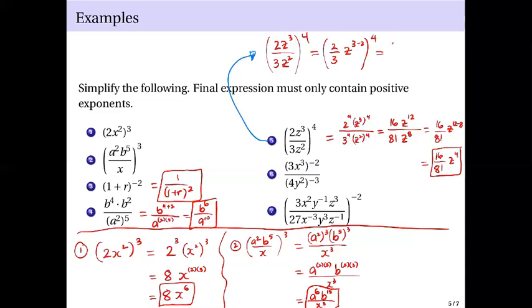So we have 2 over 3 quantity and then z raised to 3 minus 2, that's just power 1. If you want, you can put this power 1 here, but most of the time, if the exponent is equal to 1, we don't put anything. Okay?